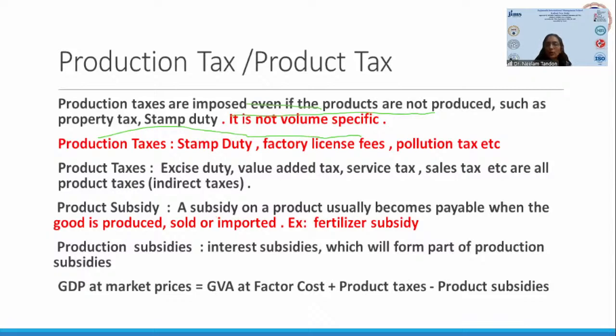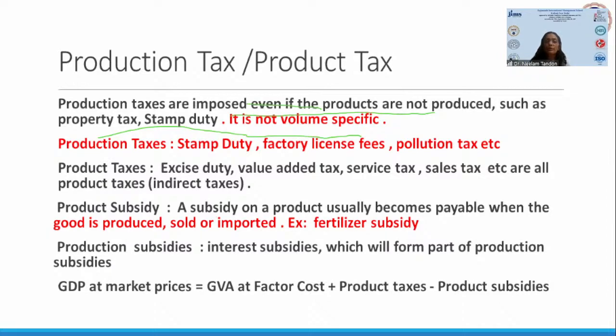Okay, so another very important concept you should know is production tax and product tax. Production tax is tax which is imposed irrespective of how many units of goods you are producing. It is nowhere related to units of goods produced; it is not specific to a good or service produced. Suppose you buy a land, you have to pay registration charges and others, and stamp duty.